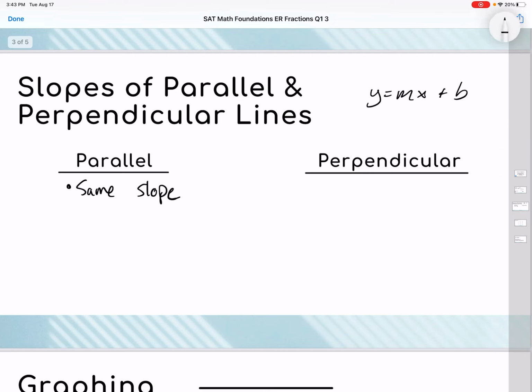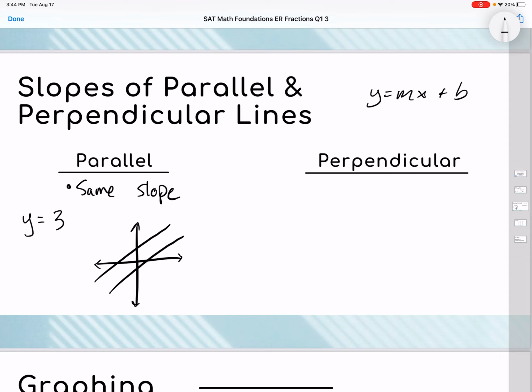And if you think about it, this makes sense because our slope is how our line moves. And if two lines are parallel, meaning they run next to each other and never touch, well, then they should be moving identically, right? And that is the case. So if we were to draw a quick graph here with two lines on it, those two parallel lines could be two equations like this.